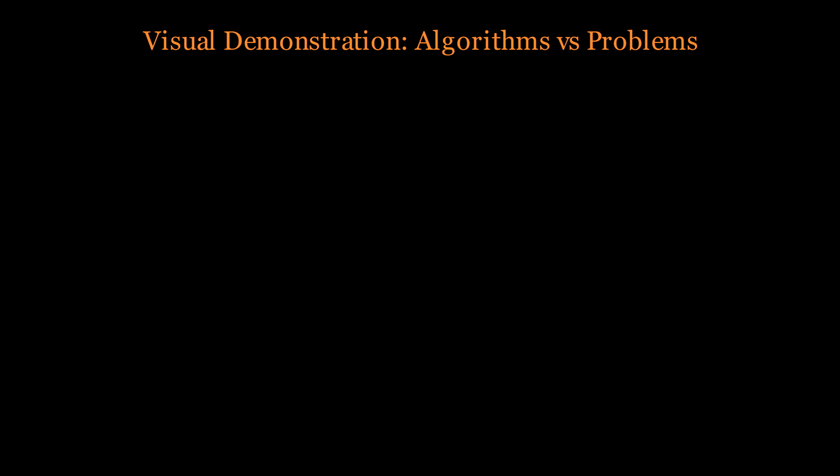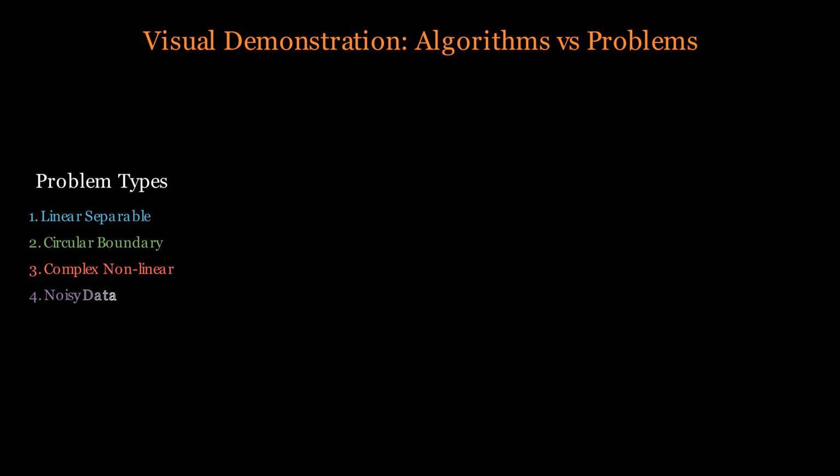Let's see the no free lunch theorem in action with real machine learning algorithms on different types of problems. We'll compare how various algorithms perform on different dataset structures to illustrate the theorem's principles. We'll test 5 different algorithms on 4 different problem types.